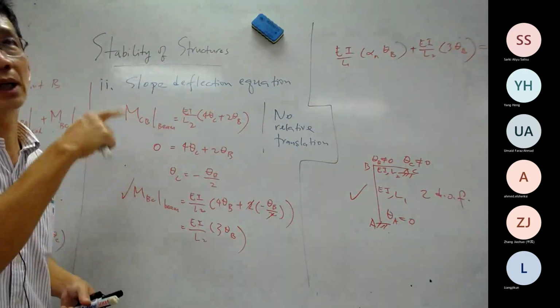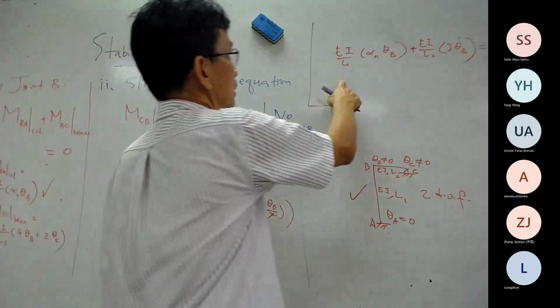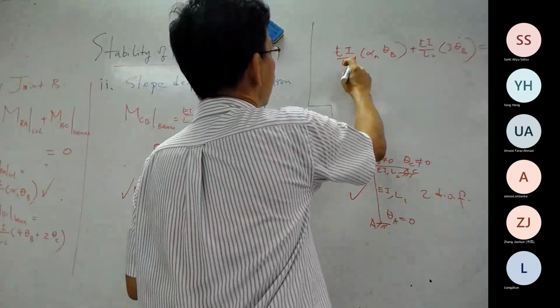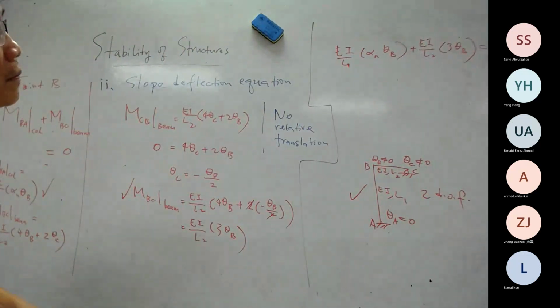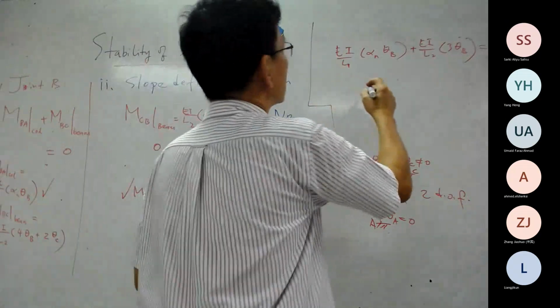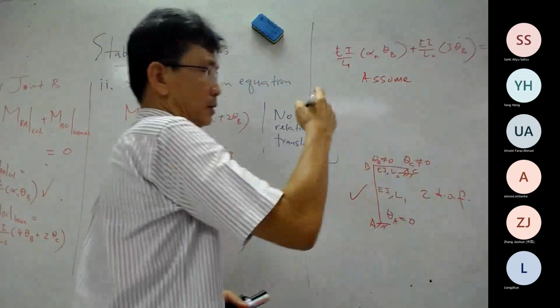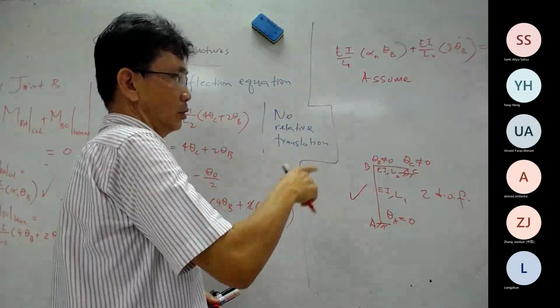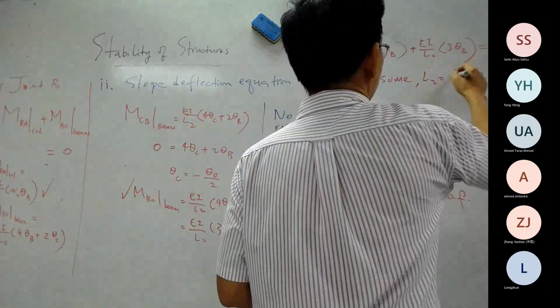So it depends, your L1 and L2, are they the same or not the same? In this case, I assume, for simplicity, but if it is not necessarily the case, that L2 is equal to half of L1.